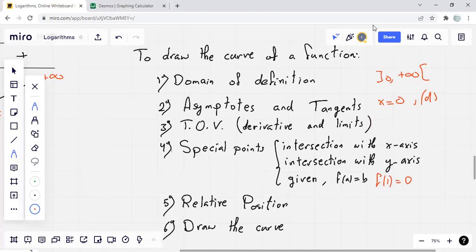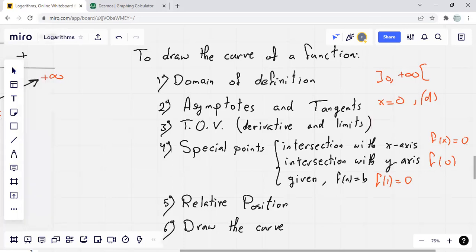This is one of the points of intersection with the x-axis. How do we find these points? For the intersection with the x-axis, we solve the equation f of x is equal to 0. And the intersection with the y-axis, we calculate f of 0.